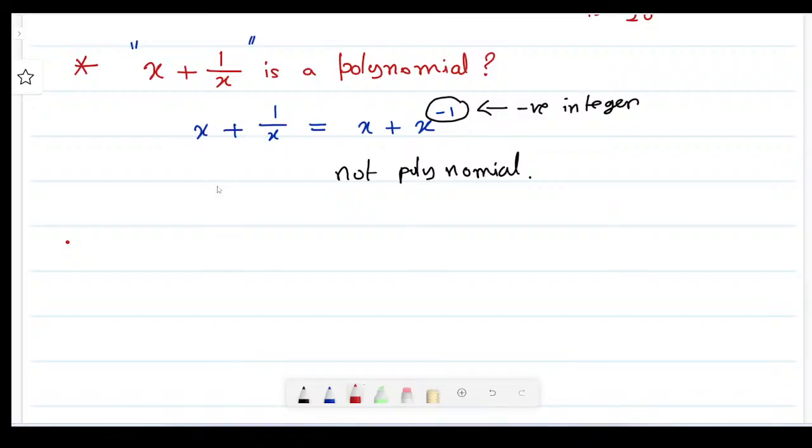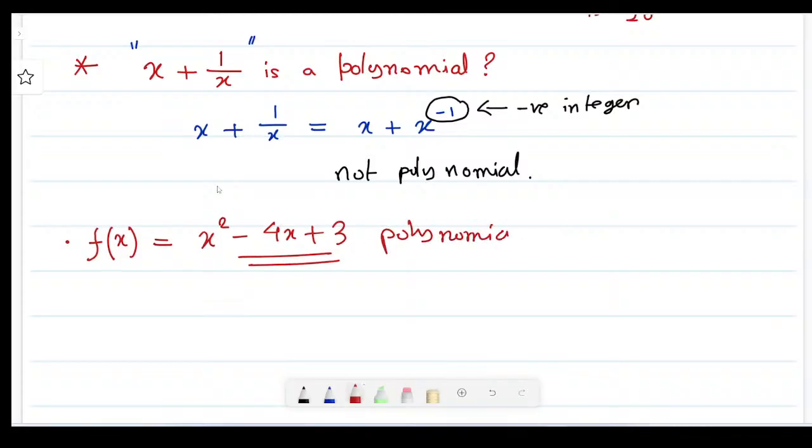Now another term is, we can write a polynomial as a function like f of x. F of x means there is an expression where the variable x is present, like x squared minus 4x plus 3. Is this a polynomial? Yes, of course, this is a polynomial because in this algebraic expression there is no negative integer power of x.